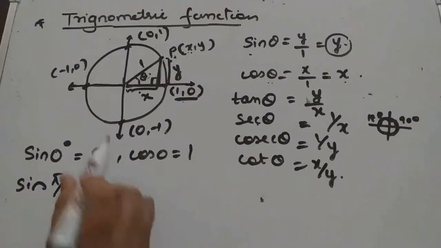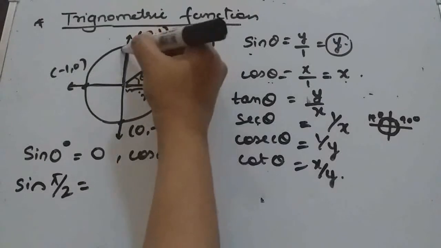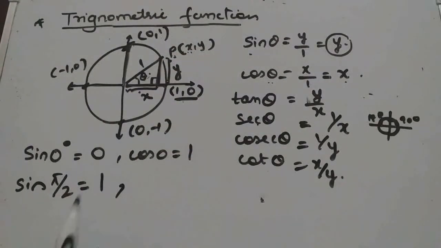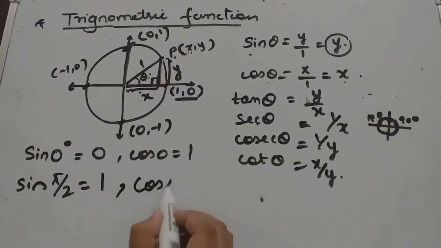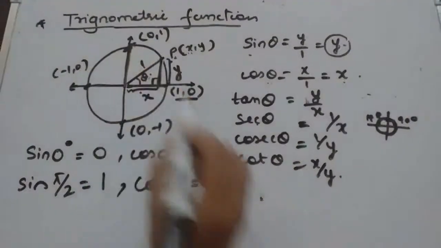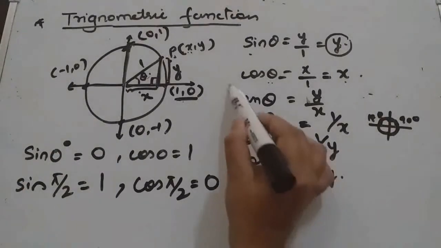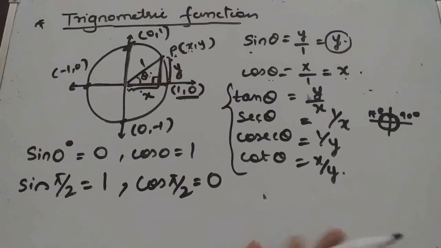So sine pi by 2, for this point, the y coordinate, is 1. And cos pi by 2 is 0. After getting two ratios we can find the other four easily.